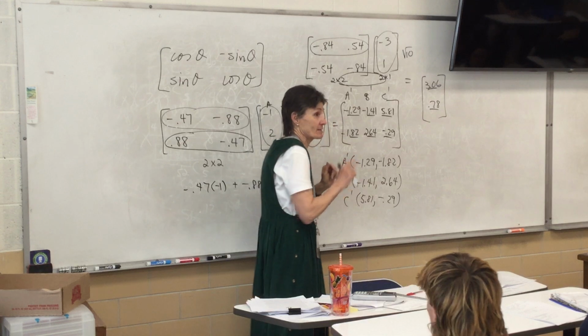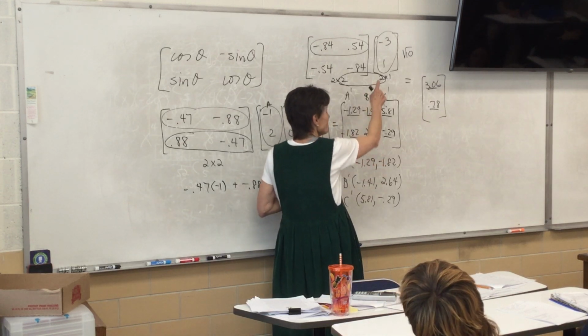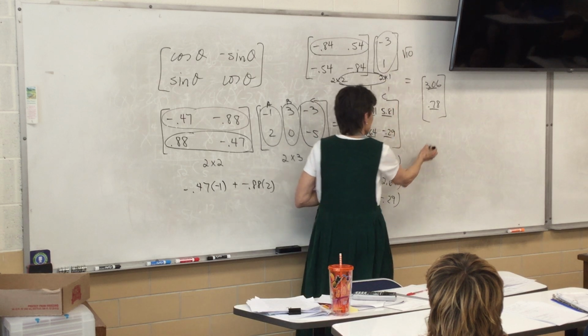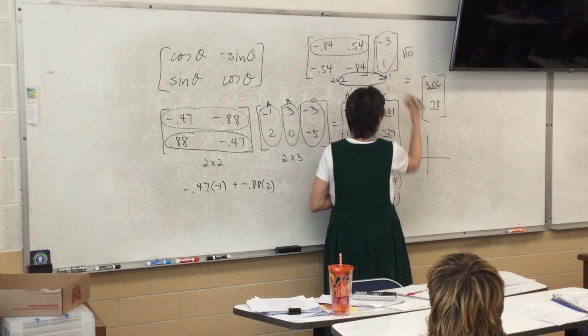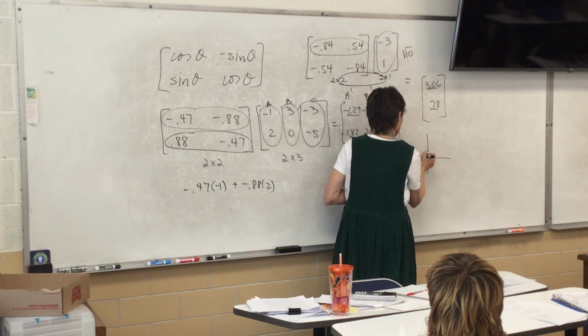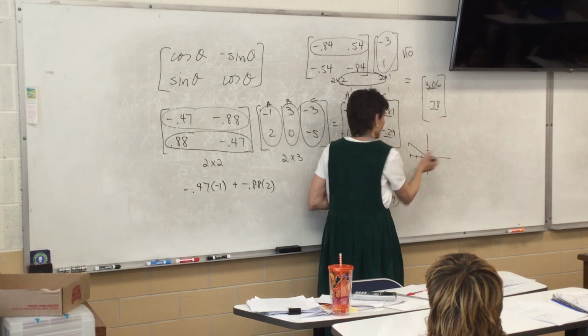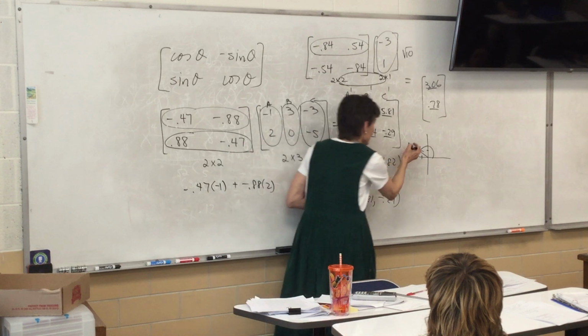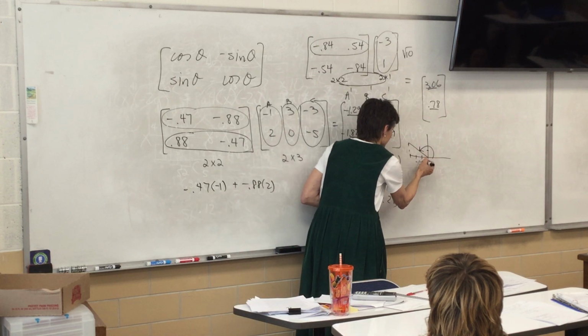But here's something else really cool. Let's find the direction angle for that vector, okay? So the direction angle for negative 3, 1 would be this, agreed? So remember how we do that. This is negative 3, this is 1.